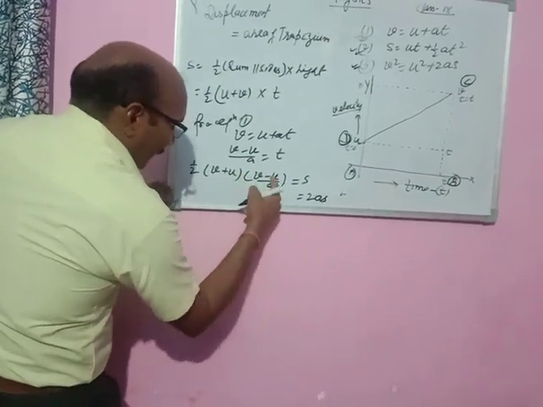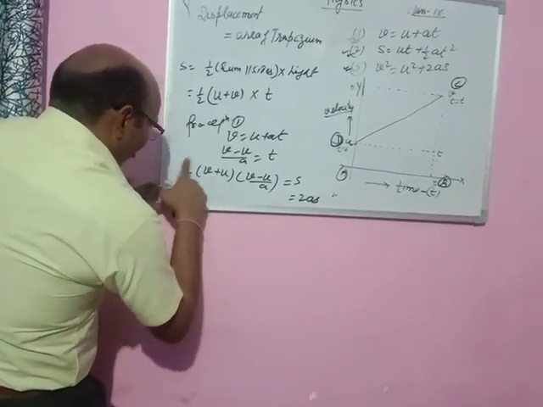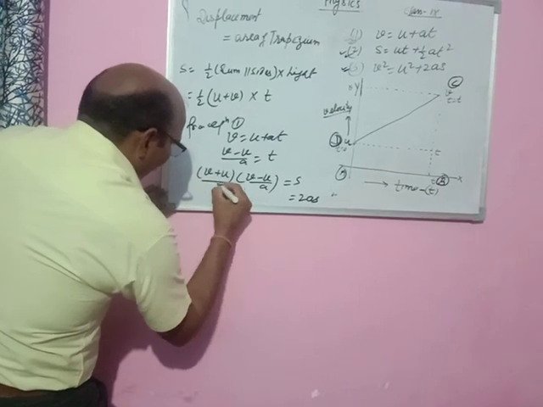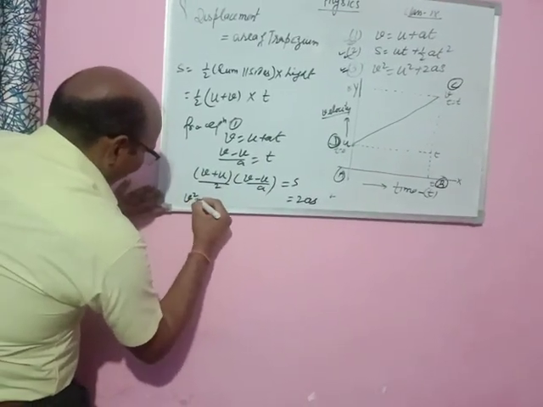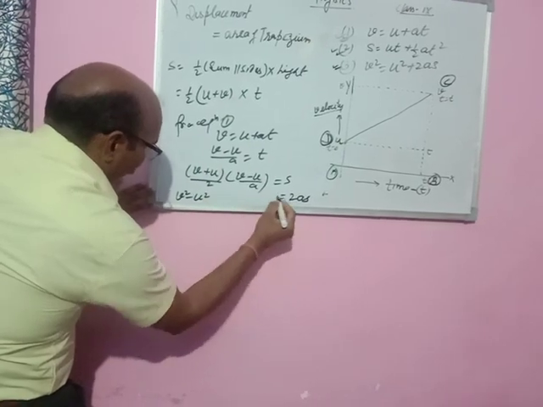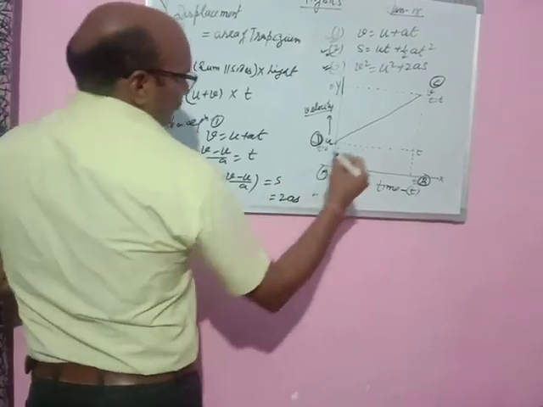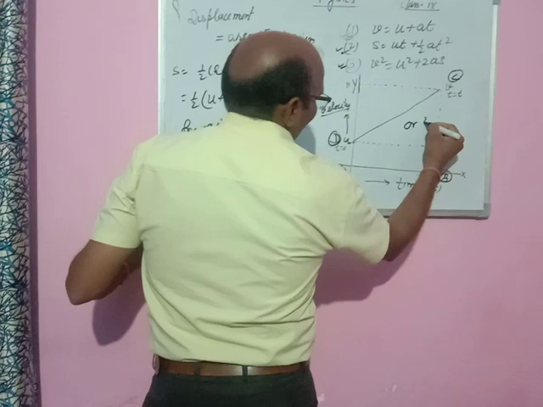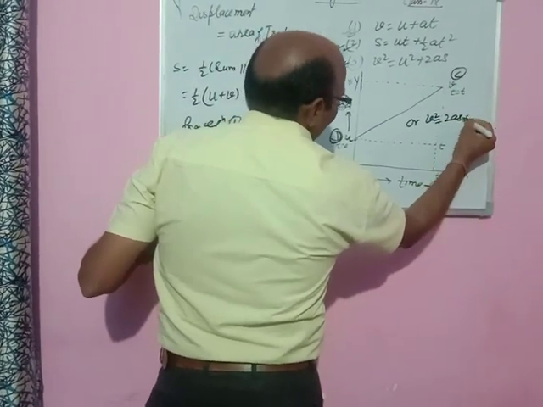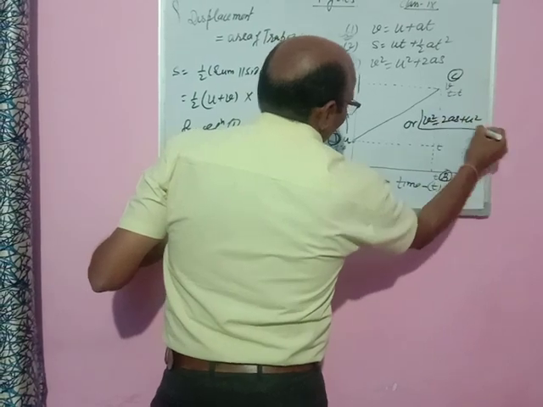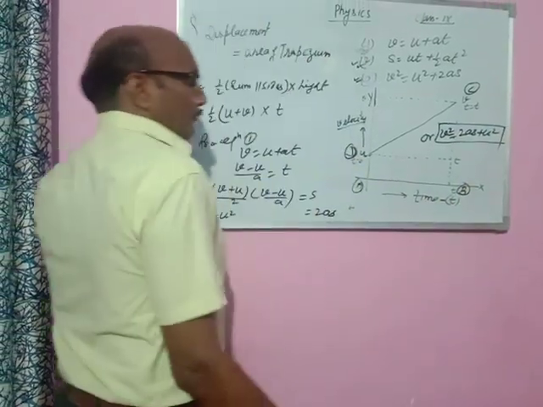So a plus b and a minus b. Okay, explanation clear. So this is v plus u, v minus u. So v square minus u square equals 2as, or v square equals u square plus 2as. This is the third equation of motion.